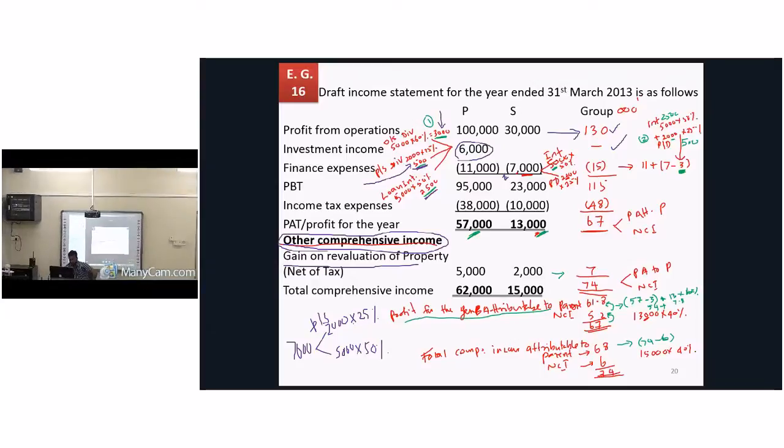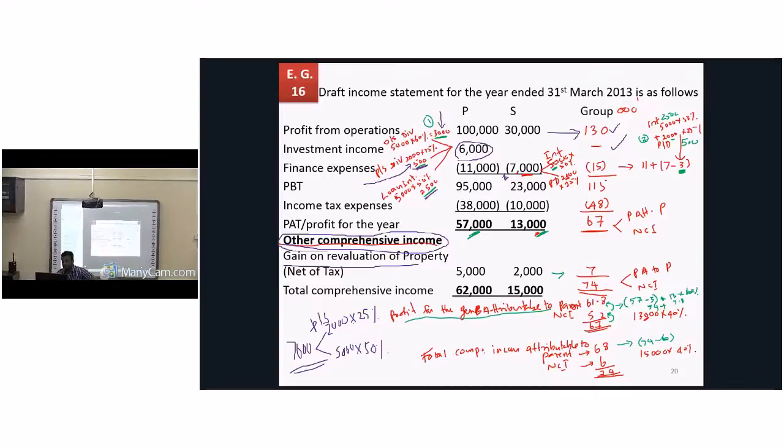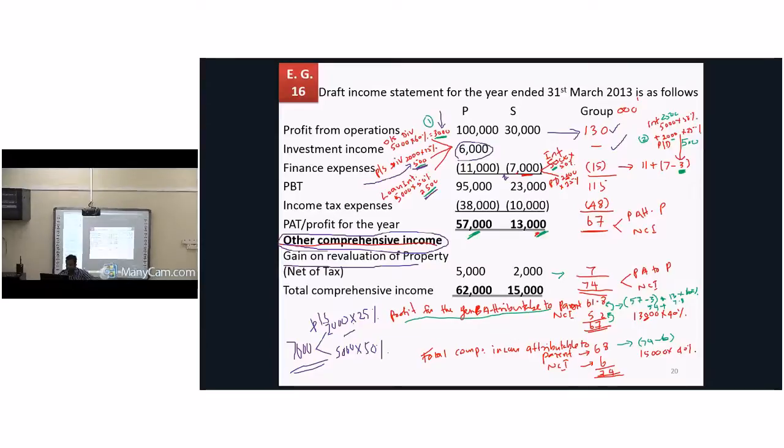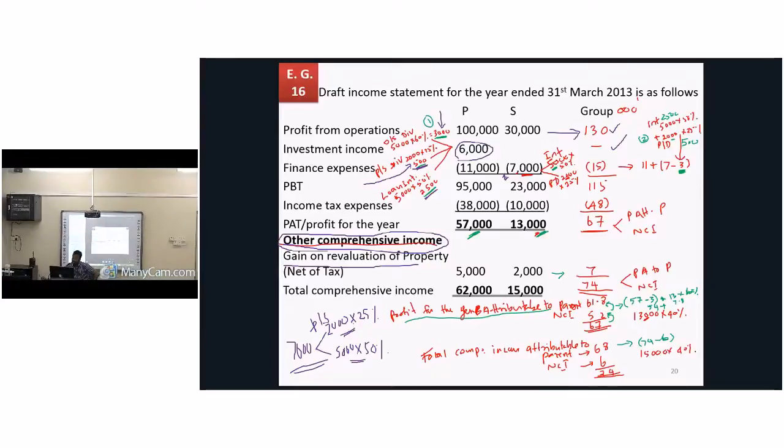Look, the second line. Finance expense. 11 plus 7. But inside this 7,000, what is it? Can you remember? There are two things. 2,000 preference share dividends, already I have written it here, and 5,000 loan interest. Then what should be group expense? Inside that 7,000, this portion and this portion are paid to parent, therefore the balance is to others.